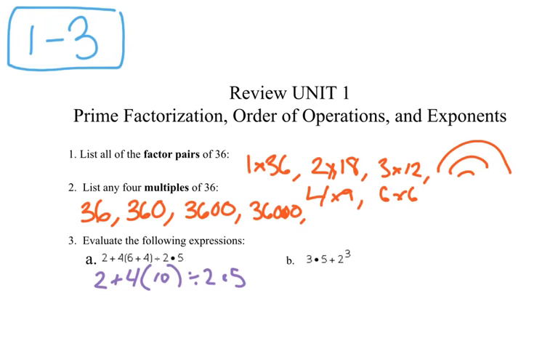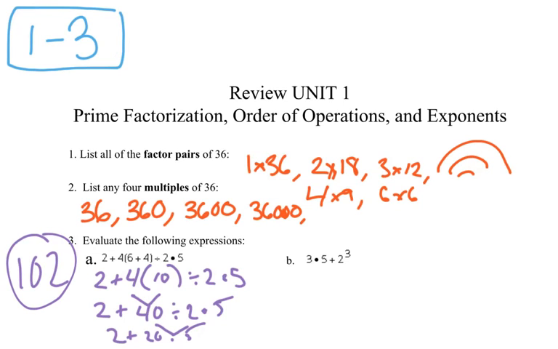Whatever I see first in my problem would be this right here, 2 plus 40, divided by 2 times 5. Multiplying and dividing again, whatever I see left to right, 2 plus 20 times 5. The 20 times 5 is 100, plus 2 should give us 102 for A.